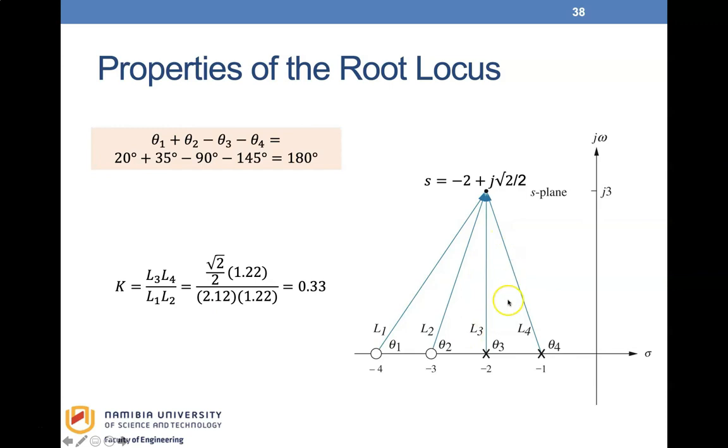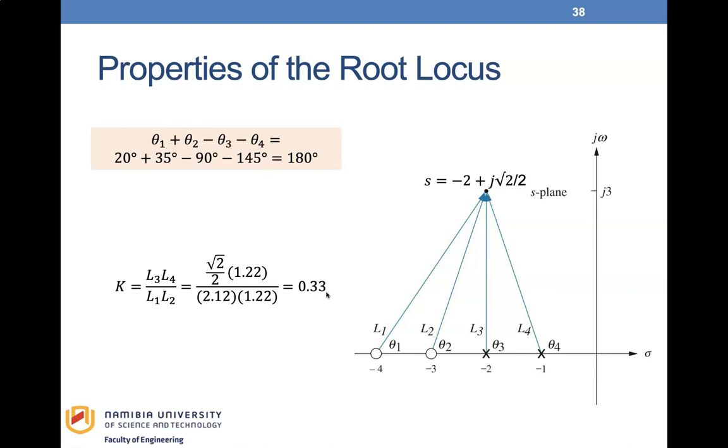If you compute the lengths of these vectors, this will give us 0.33. This means that the point s equals -2 plus j square root of 2 over 2 is a point on the locus with a gain of 0.33.